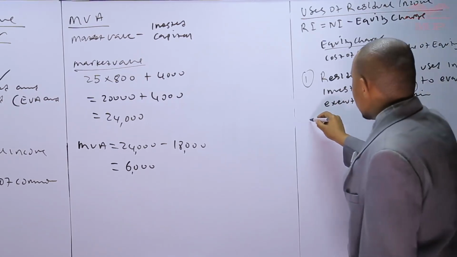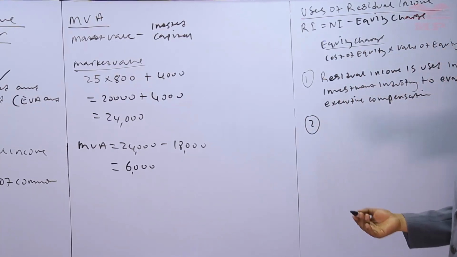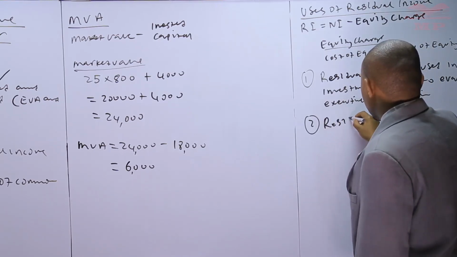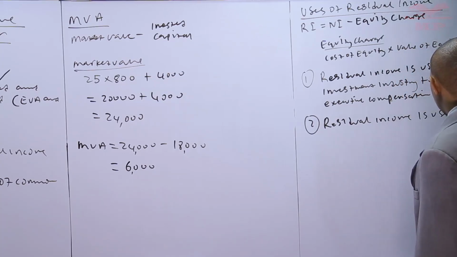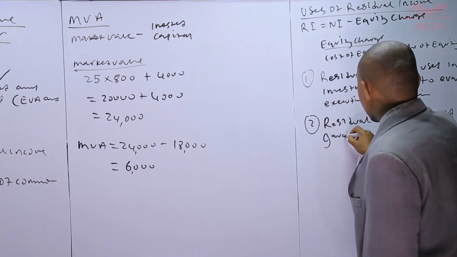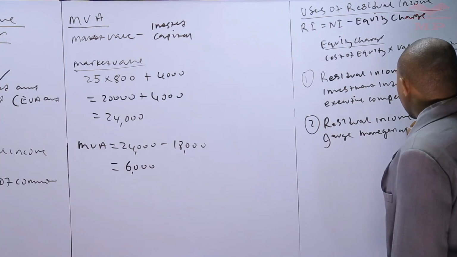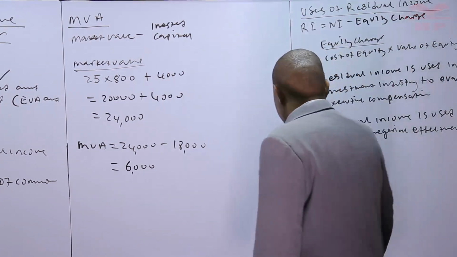The second use of residual income is to assess managerial effectiveness. Residual income is used to gauge managerial effectiveness. Those are the two major uses of residual income.